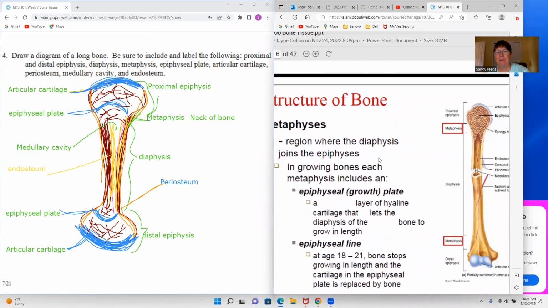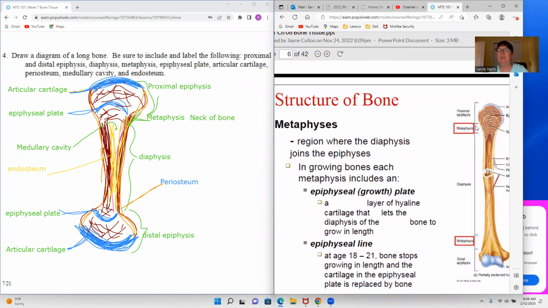The metaphysis is this neck area as it goes from the diaphysis to the epiphysis. And in the metaphysis is this epiphyseal plate. And over here, because it's color of bone, it is called the epiphyseal line.